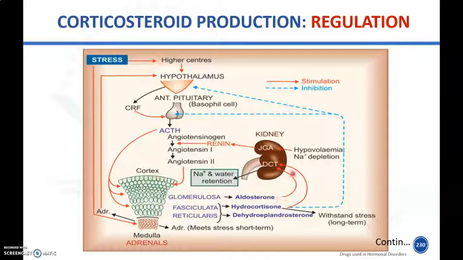Aldosterone acts in the kidney distal convoluted tubule for the retention of sodium and water.